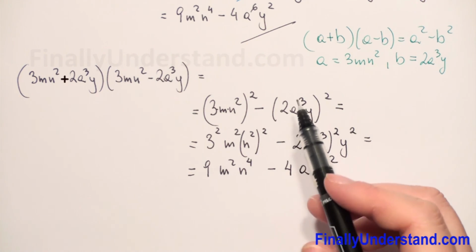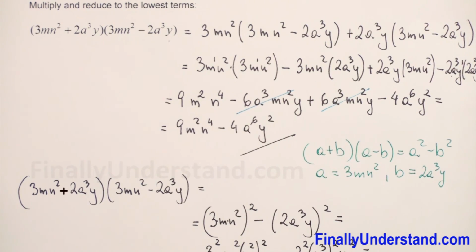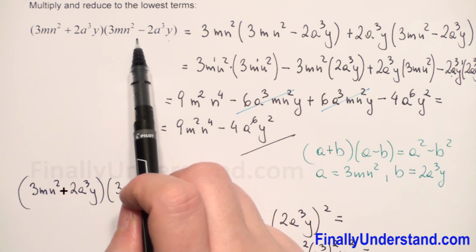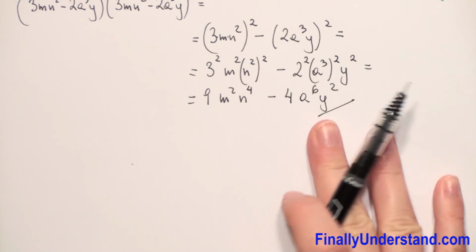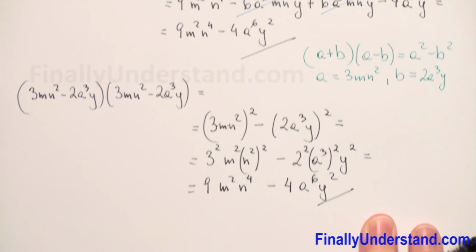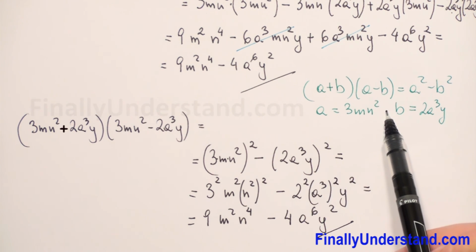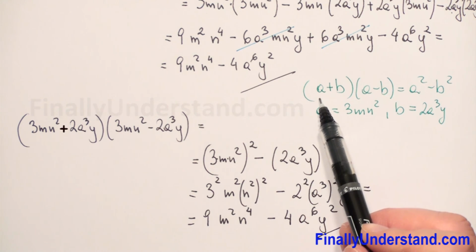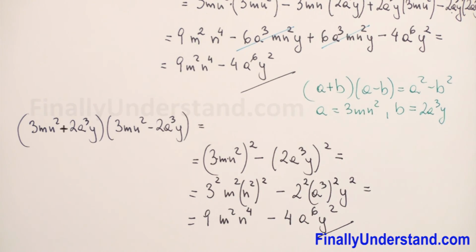So we see that we got exactly the same expression which we got when we multiplied every expression in the first parenthesis by every expression in the second parenthesis. We got exactly the same result which we got when we used this formula, difference of two perfect squares. So it's a very good idea to memorize this formula. This is my solution.